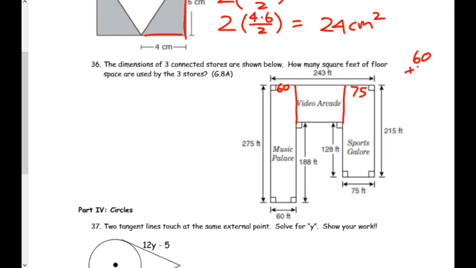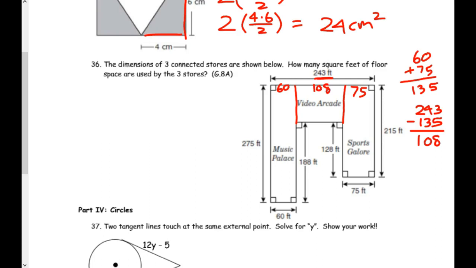What is 60 plus 75? 135. I'm going to take that whole thing, 243 minus 135. So this right here is 108.